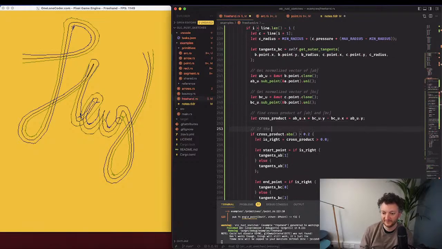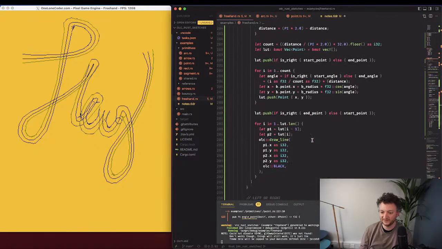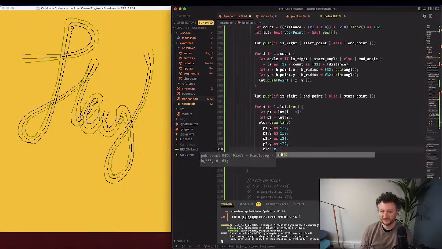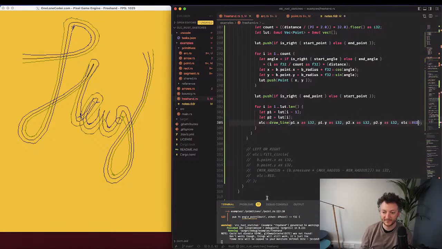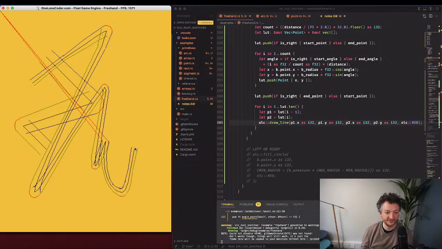If the cross product is big enough, we have a corner. Okay, cool. Thanks for checking up on that, Jenko. As you can see, this can sometimes be a little rabbit holey. But this looks pretty good. If we make these edges red, we can probably better see exactly which parts are being drawn.